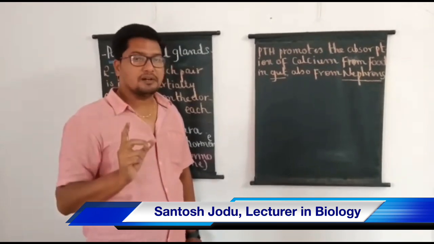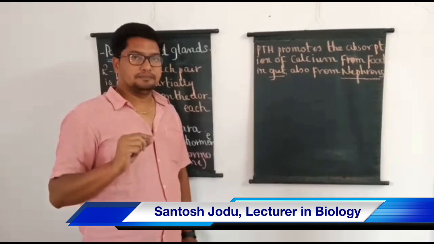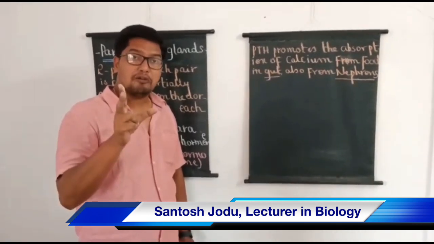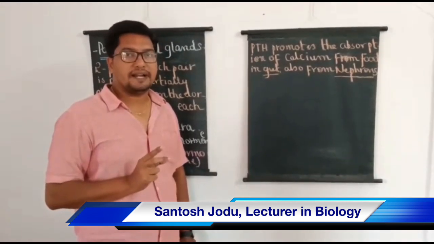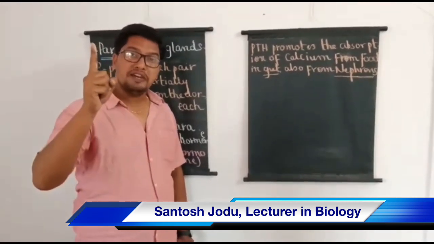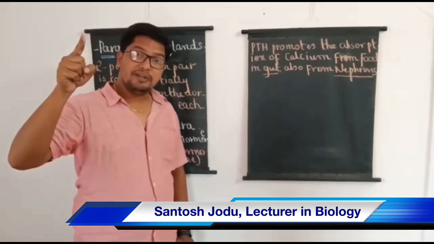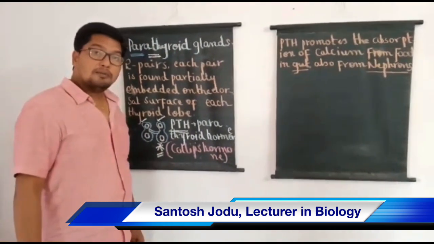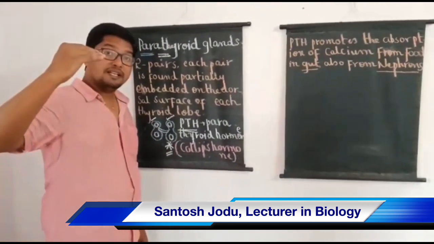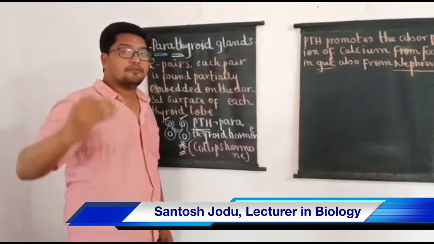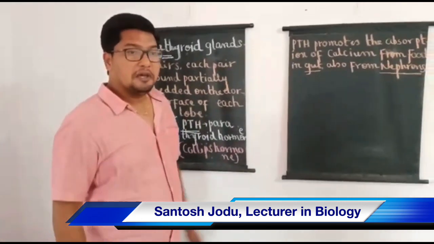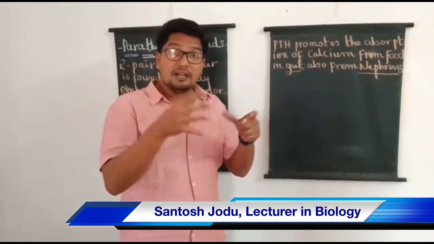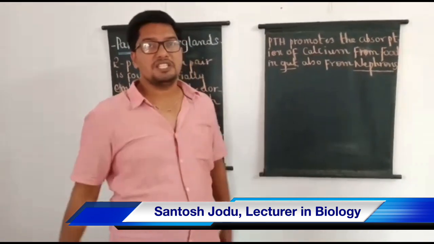If you remember, in the thyroid gland I said there is a hormone called calcitonin produced from parafollicular cells of the thyroid gland. So calcitonin always lowers the calcium level in the ECF, whereas PTH, parathyroid hormone, always elevates or increases the calcium levels in the ECF. So it is very clear, functions of calcitonin and PTH are antagonistic, that is opposite to each other.